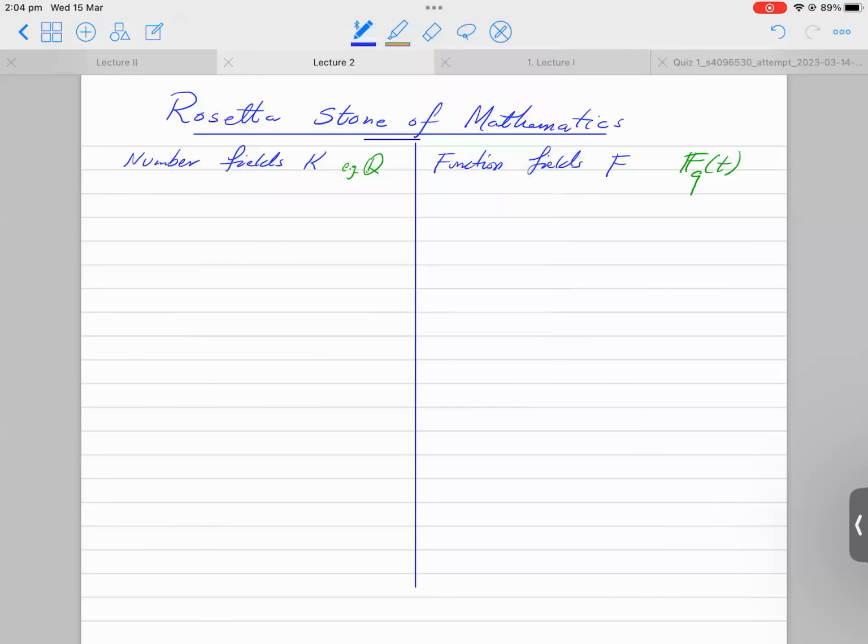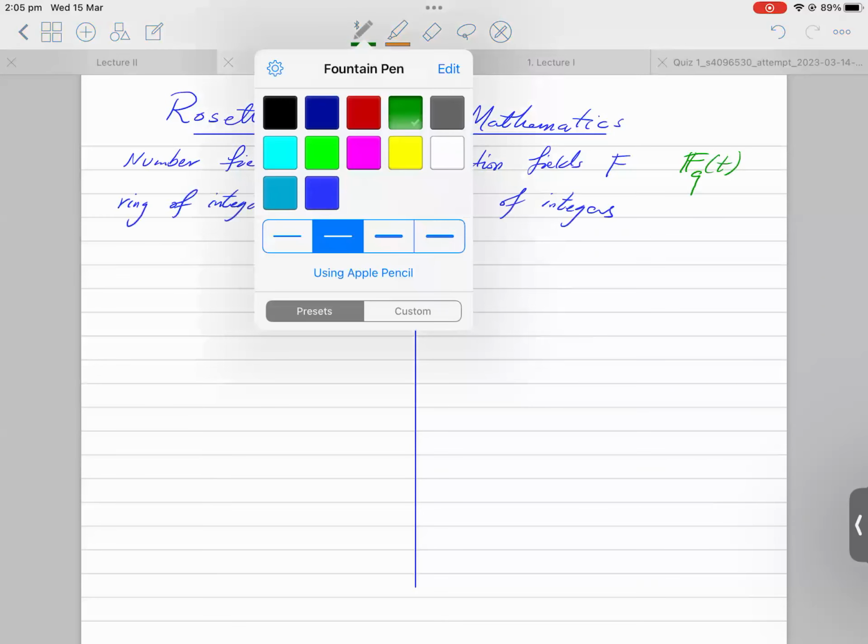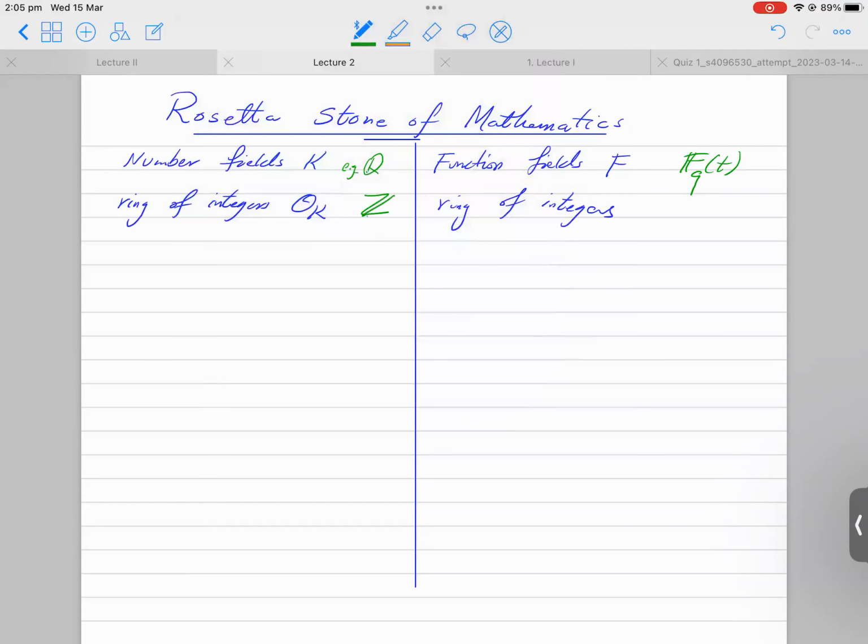And then inside here we have the ring of integers. These two fields that I've mentioned are global fields of dimension 1. That's essentially a characterization. And inside them, we have the ring of integers, which I denote by rho. In the running examples, the ring of integers is just Z, and on this side, it's just a polynomial ring.